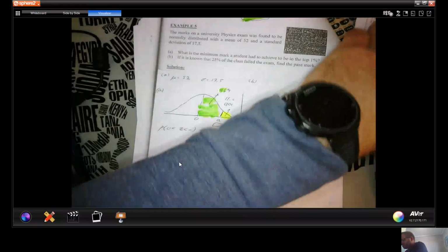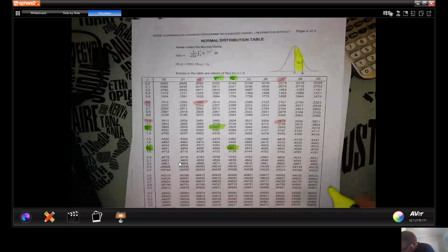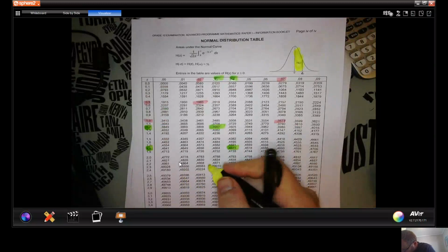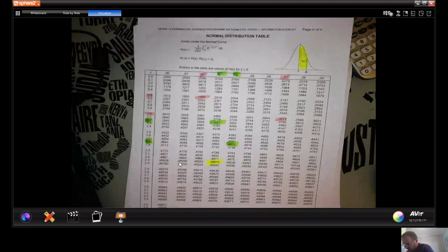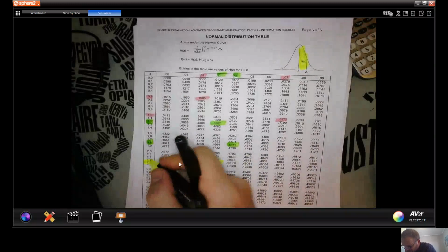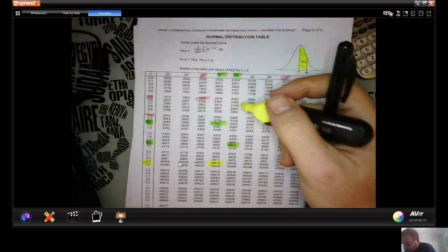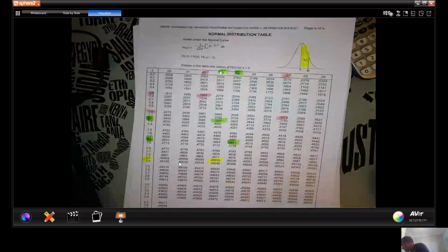If I go to an area of 0.49, it's 0.489, 0.4901. I would go with that one over there, which is 2.33. Let me double check that, yeah.